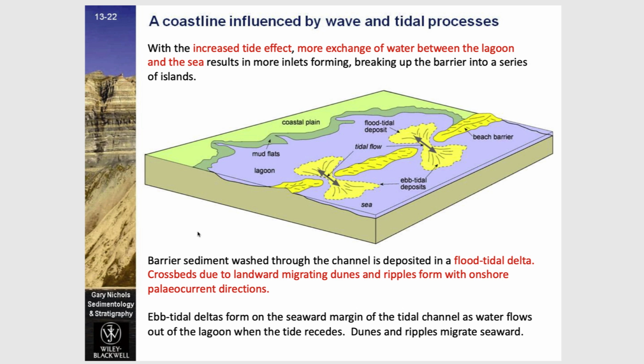So bipolarism is common, and you will have those flood tidal deposits which look like deltaic deposits, so they can form cross stratification that is quite unique and is represented by the accumulation of dunes and ripples which can migrate in both directions, towards the lagoon as well as towards the sea.